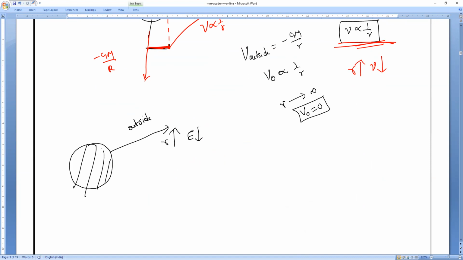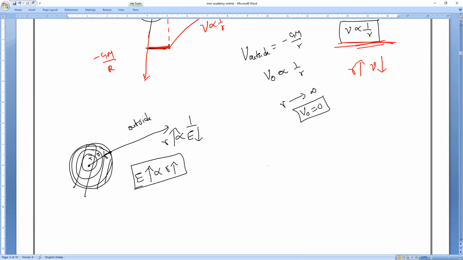But inside, from the center to the surface, as R increases, the E value also increases. Am I right or wrong? We have done this already. Outside they are inversely proportional to each other, but inside directly proportional to each other. That is what we derived. Verify your notebooks. Those who are absent, you have to watch the videos. Are you clear?